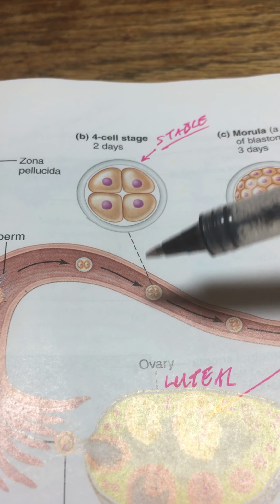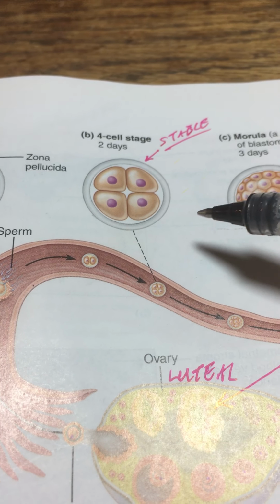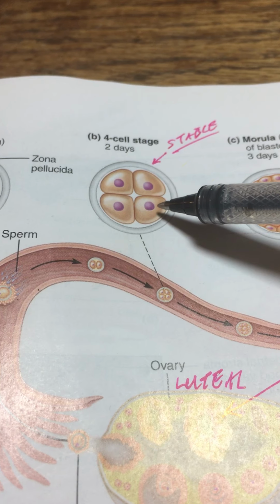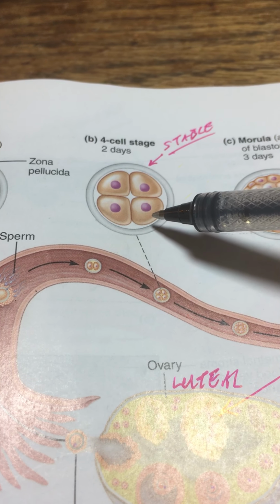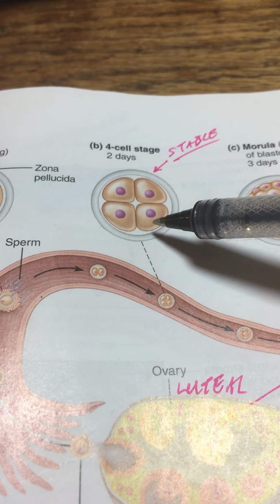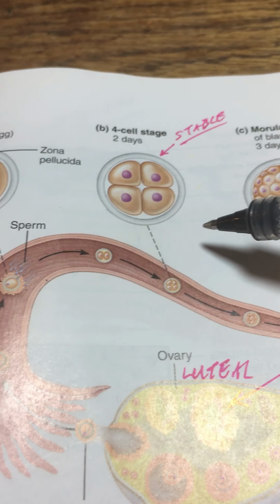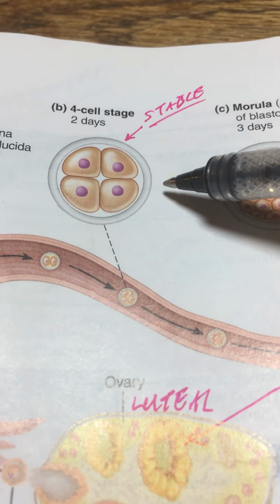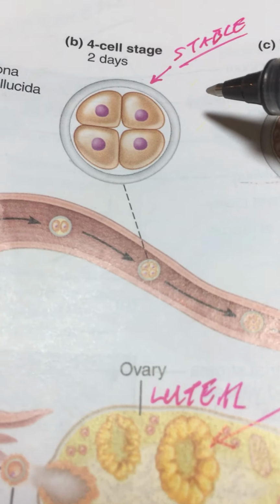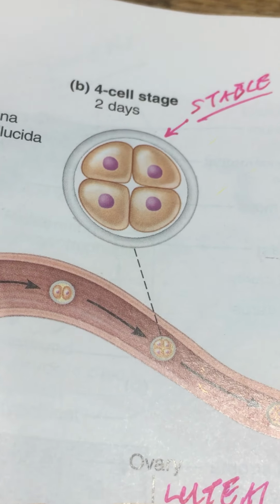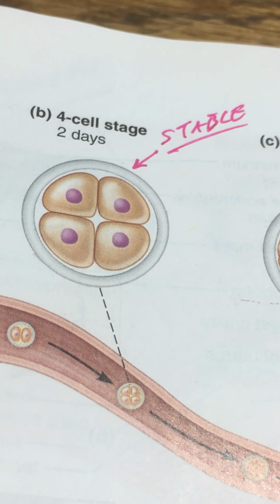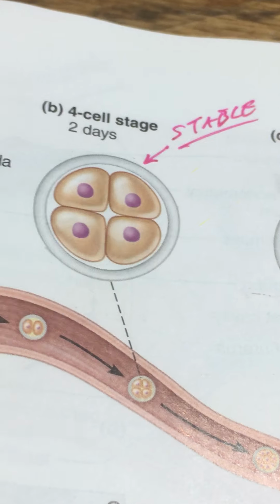Many things can be predicted by those 4 cells. Only one of them has acetylcholine, which is destined to become musculature and mesoderm. So there's a lot of interesting things going on here. This is the stable moment, and I've made that notation here.